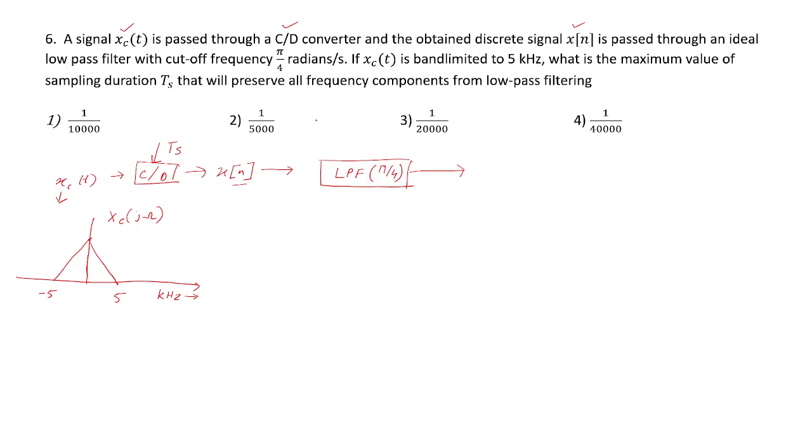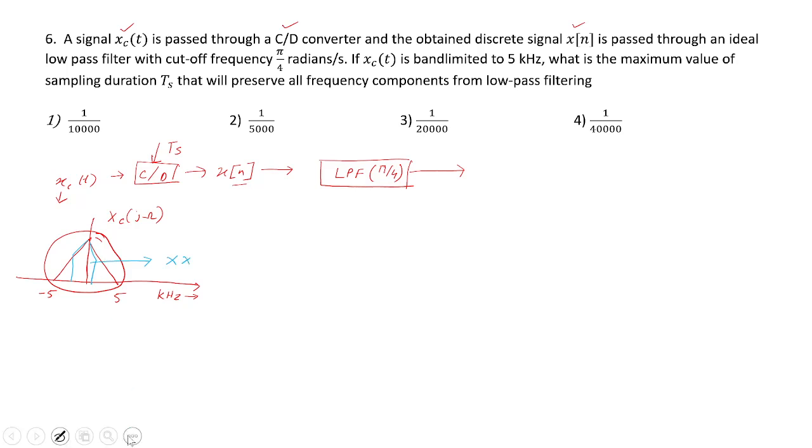What it means is that we want this complete spectrum, correct? We do not want something like, let me mention with a different color, this. This is something we do not want.